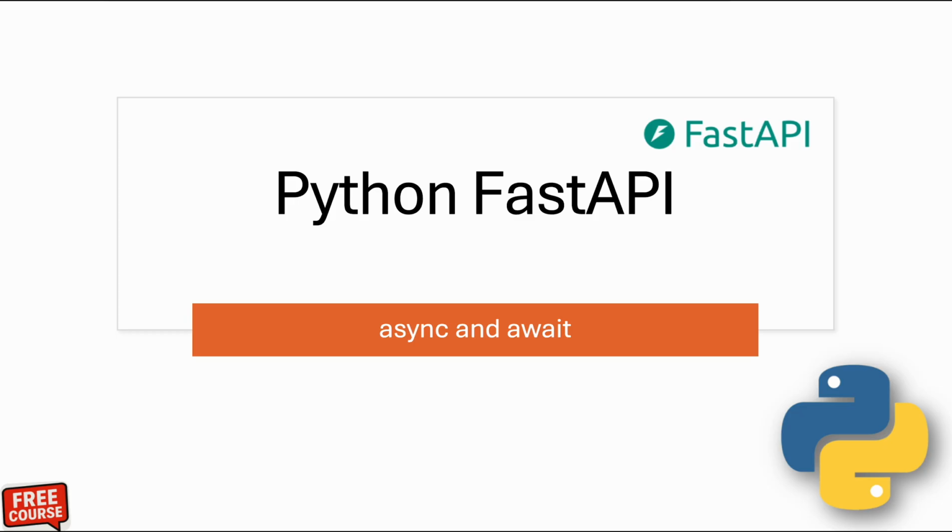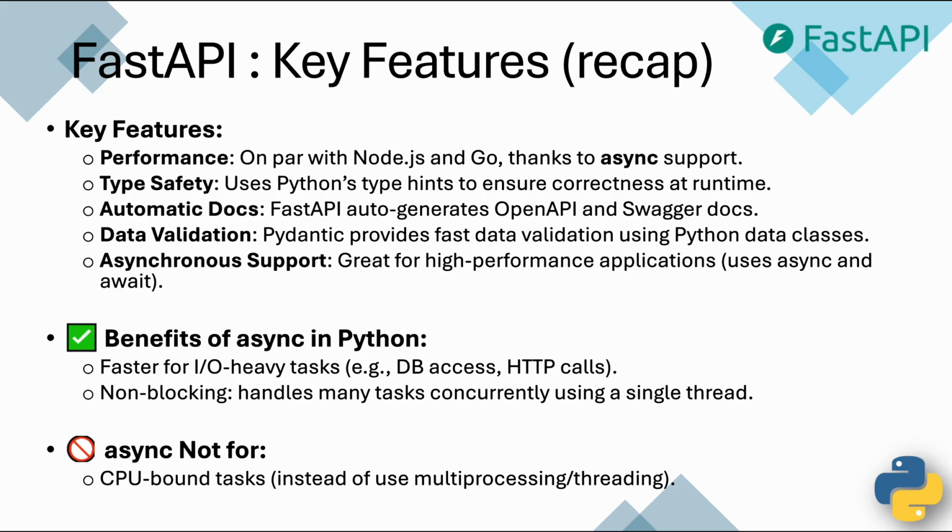This video, as we spoke about, will majorly focus on some of the keywords, mainly async and await. Okay, so FastAPI key features recap. Key features we spoke about: performance. It is on par with Node.js and Go language, thanks to async support. Type safety. It uses Python's type hints to ensure correctness at runtime.